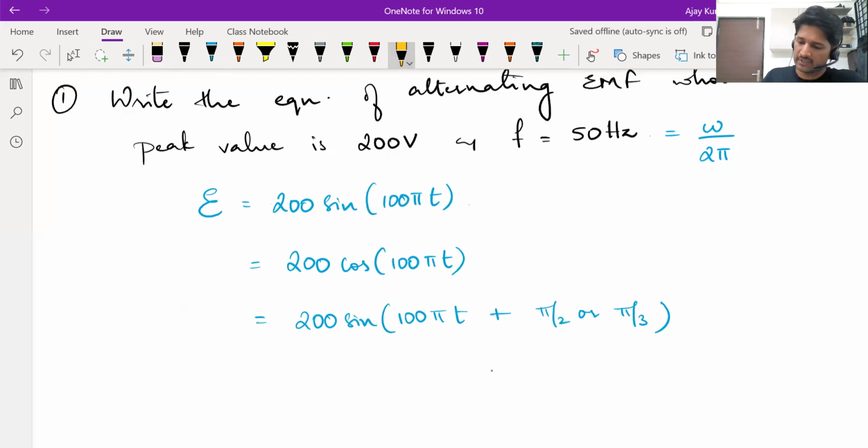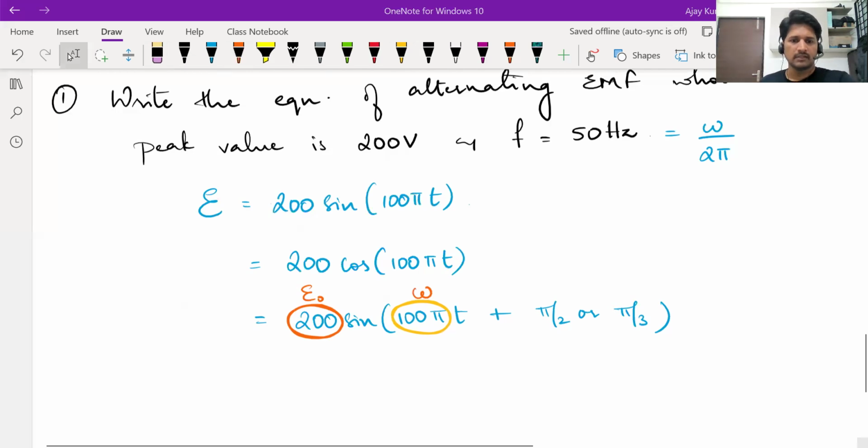The coefficient of time is what determines the time period or the frequency. These constants don't matter. And the coefficient of the sine function determines the peak value. This is always E naught. This is always omega, irrespective of what constants you write. Is it clear?